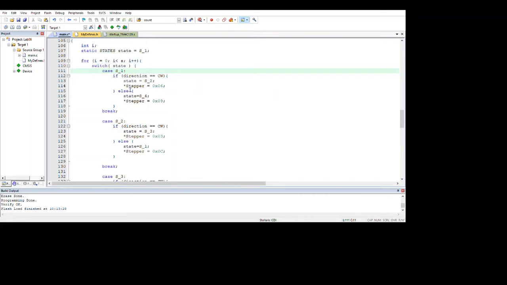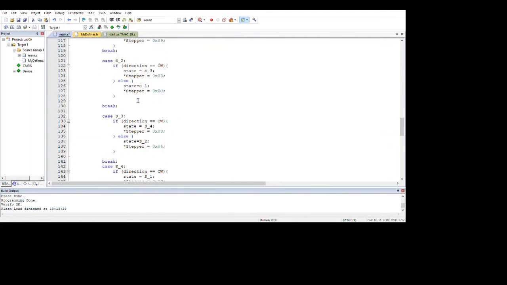We start off with case 1, and if the direction is clockwise, the state goes on to the second state. If it's not going clockwise, then it's going counterclockwise, so it goes to the step before, which is step 4, and sets the stepper to that number.